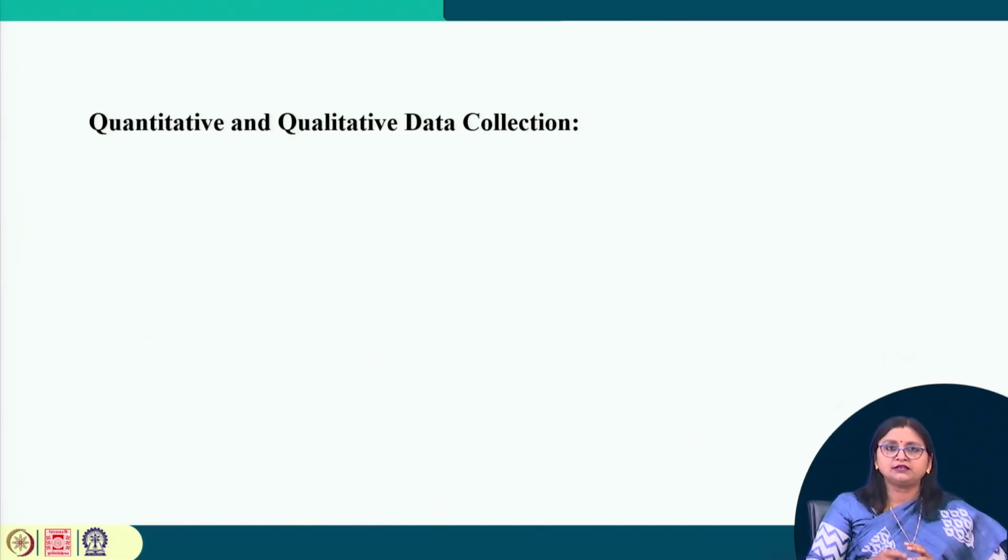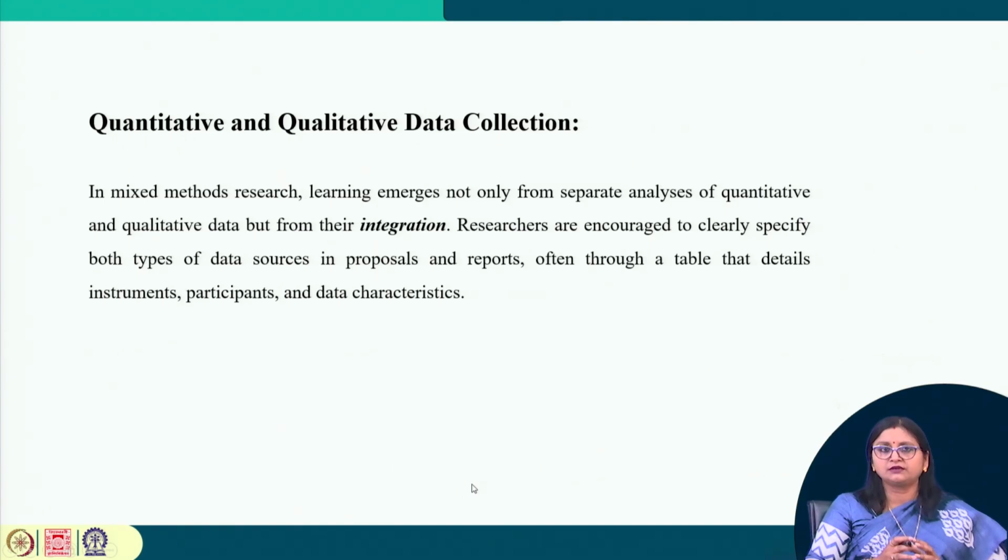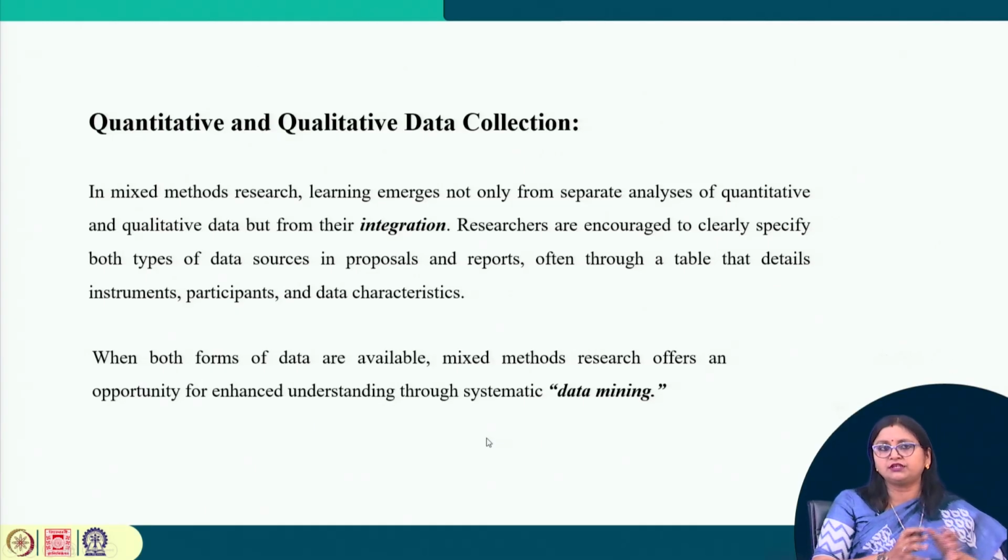Now, in qualitative and quantitative data collection in mixed method research, learning emerges not only from the separate data but from the integration which I have mentioned. Researchers are encouraged to clearly specify both types of data sources in their proposal and also in the report, often through a table that details the instrument, participants, and data characteristics: who will be the participants, what instrument you are using, and what kind of data will be collected through these instruments.